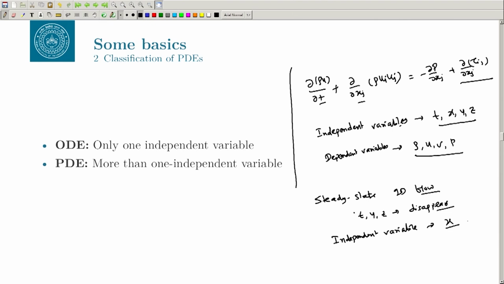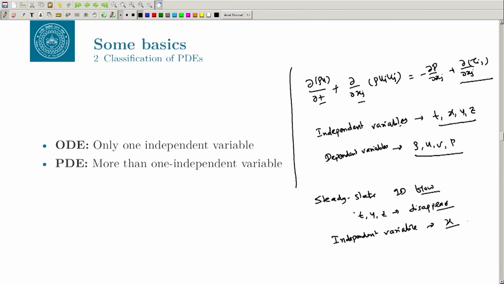In that case it becomes an ODE. If it becomes an ODE, you have many advantages: it becomes very easy to solve. But unfortunately, most of the realistic cases that we come across in our fluid mechanics are cases where it depends on more than one spatial direction as well as on time.